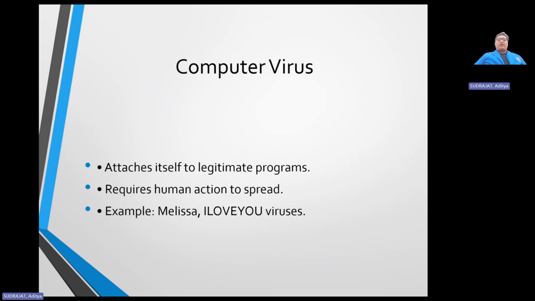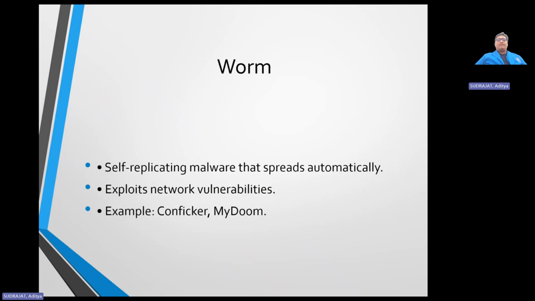The second one is it requires human action to spread, because the virus depends on us. If we lack information, the virus will spread to our computer. The third one is examples, like the old viruses called Melissa and I Love You.